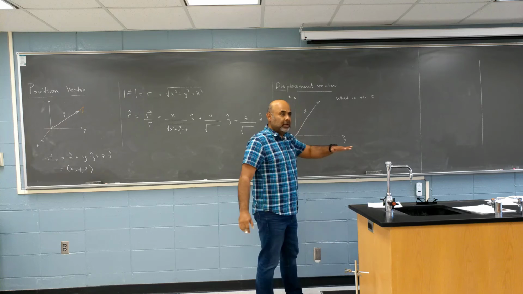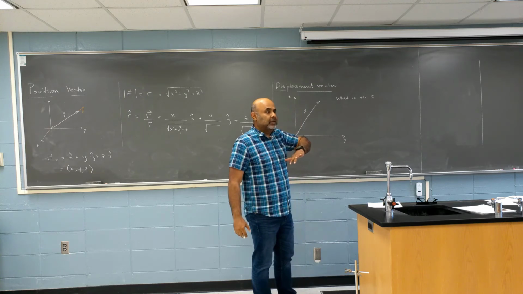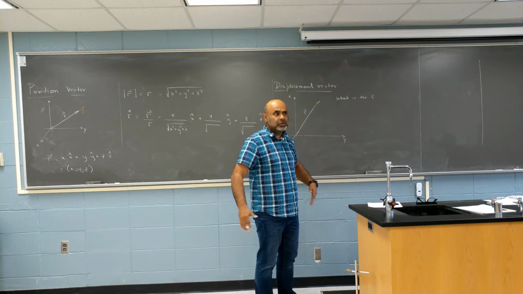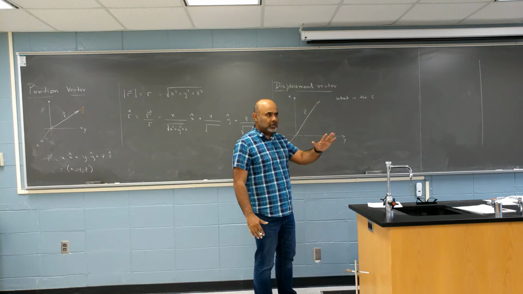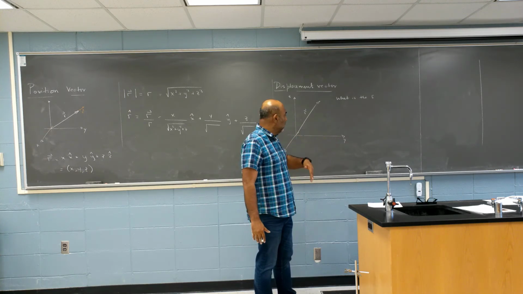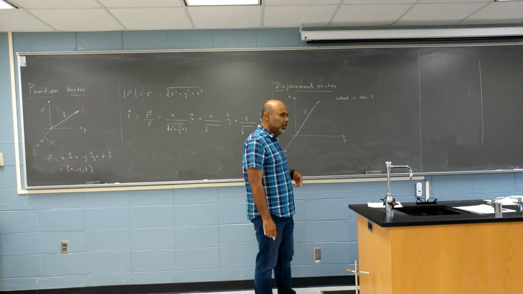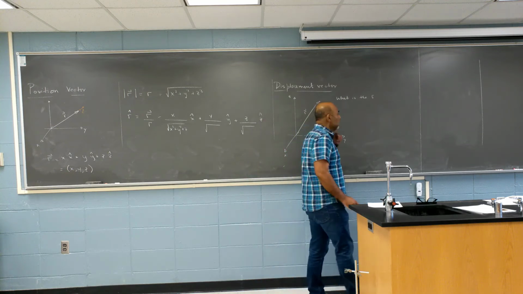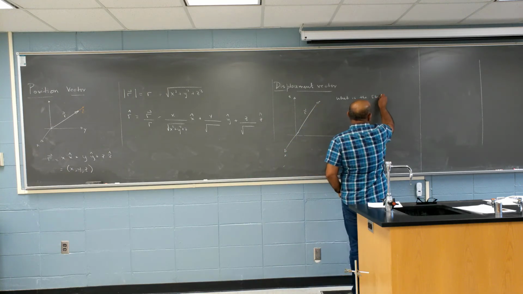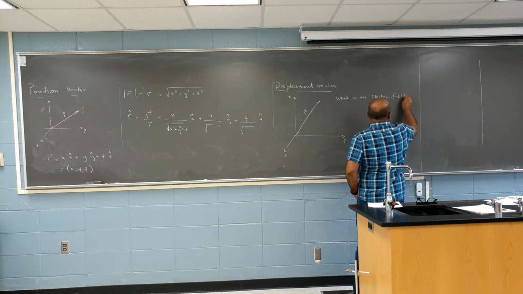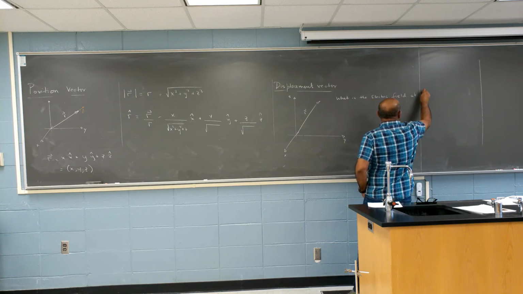We haven't talked anything about E and M so far in this class. You don't even need to know what an electric field is. You do have an idea, but that's not important. We'll start from scratch. But just to ask a question so I can motivate a displacement vector, what is the electric field at R?